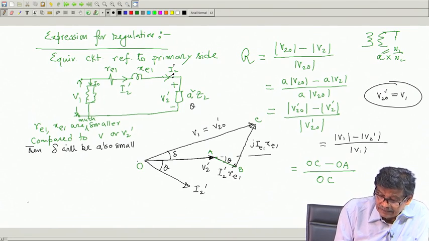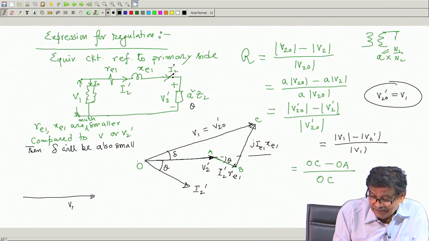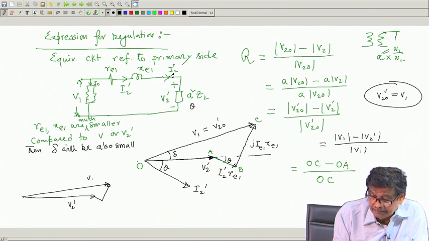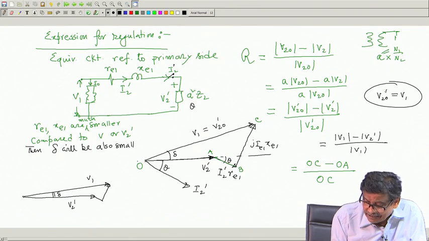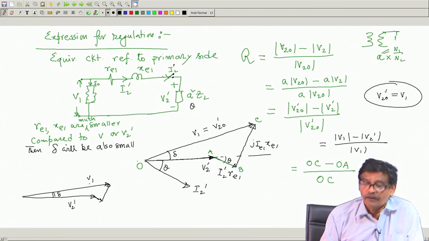That is, as I was telling, it is V 2 dashed. I wipe that out, but it is like this. If this be the case, then this delta will be pretty small, because you have added only small thing here and there. Okay. So, delta is small.